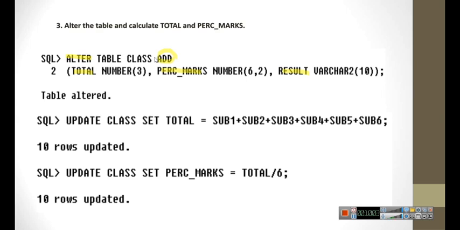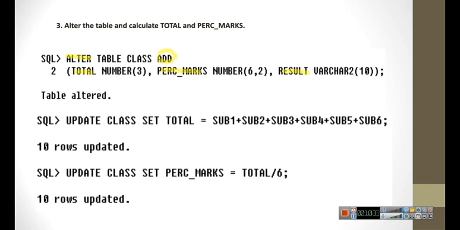Till now we have student ID, name and 6 subject marks. That's all in our table. So next we are going to add 3 more fields using the alter table command. Alter table class, add total is the first column name, number of 3, this is the data type, percentage marks, number of 6 comma 2. 6 comma 2 is for your percentage.